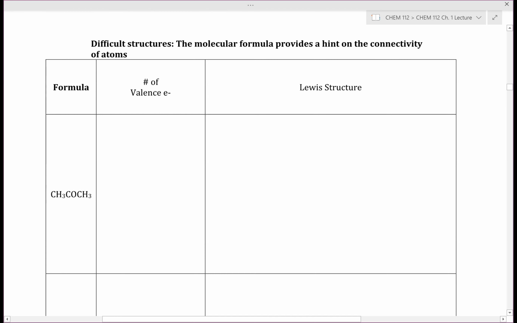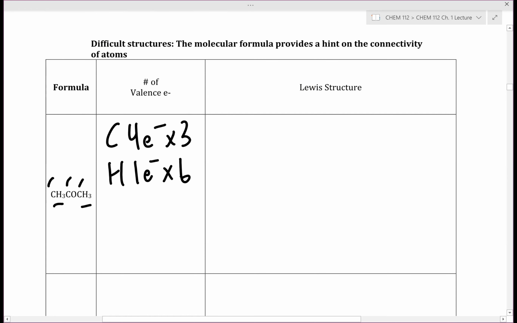So first and foremost, carbon contributes 4 electrons, and we have 1, 2, 3 carbon atoms. So 4 electrons times 3. Hydrogen contributes 1 electron, and we have 6 hydrogens. Oxygen contributes 6 electrons. So we have 12 plus 12. We have 24 electrons to work with.